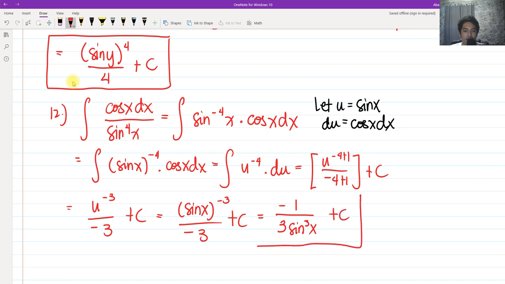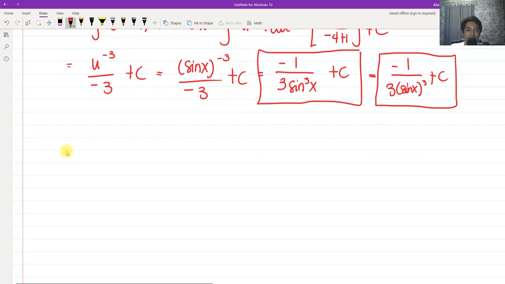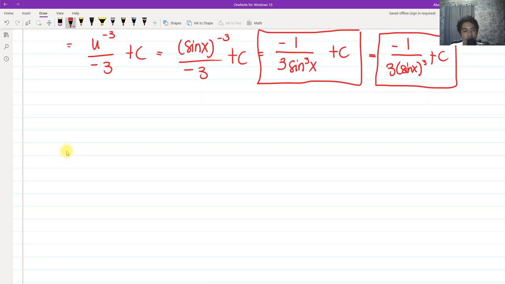So this can be our final answer, or this can also be our final answer, negative 1 over 3 sine x cubed plus c. So that can also be our final answer for this number 12 problem. So we still have more to go. This is 1001 Solved Problems in Integrals. So let's get to the next example.